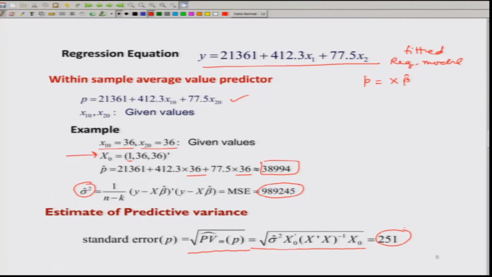So, I can say that when the temperature is 36 degrees and the humidity is 36%, then the demand of water is going to be nearly 38994 thousand kiloliter with a standard error of 251.